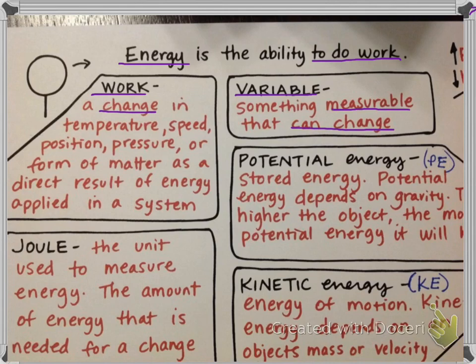Here we have the definition of potential energy. This is very important. Potential energy is stored energy. Put a star by it. Potential energy depends on gravity. So the higher the object, the more potential energy it will have. And this note page will be more clear on the next slide over.